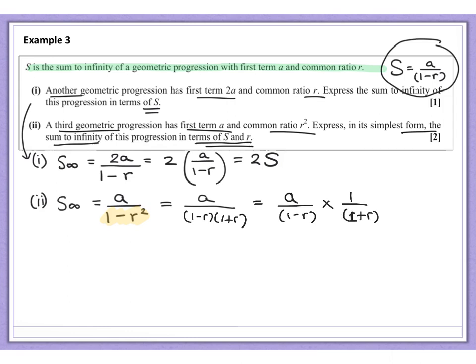Careful there, that's a 1. And this first part here is of course equal to s. So it's s multiplied by 1 over 1 plus r, or if you like, s over 1 plus r. And I've answered the question because I've written the sum to infinity in terms of s and r.